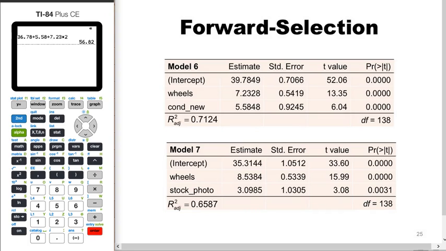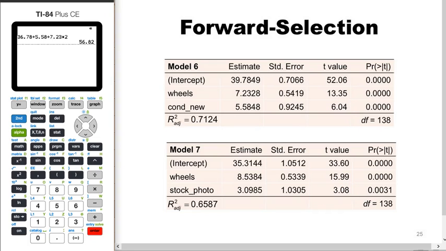So the first one, you can see both the variables are important. And my con_new was 6.04. Model 7, both the variables were important, but you notice that the test statistic is not quite as large. The p-value is also larger. So Model 6 is preferable to Model 7.